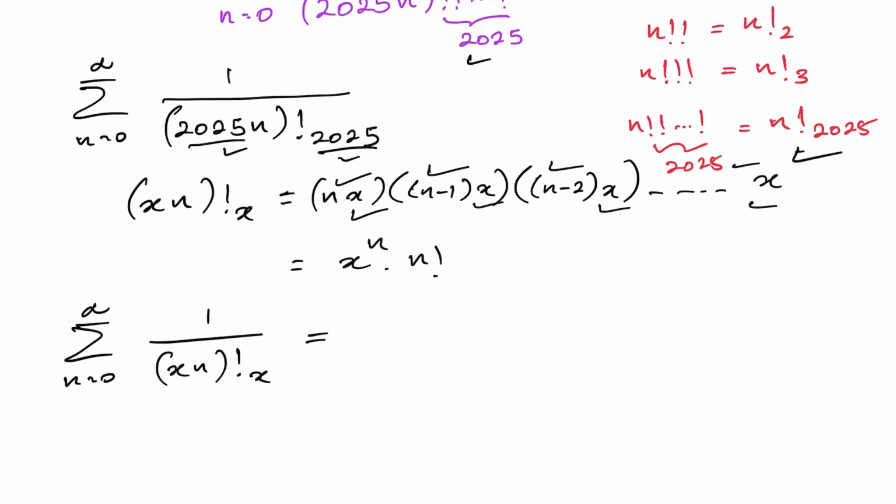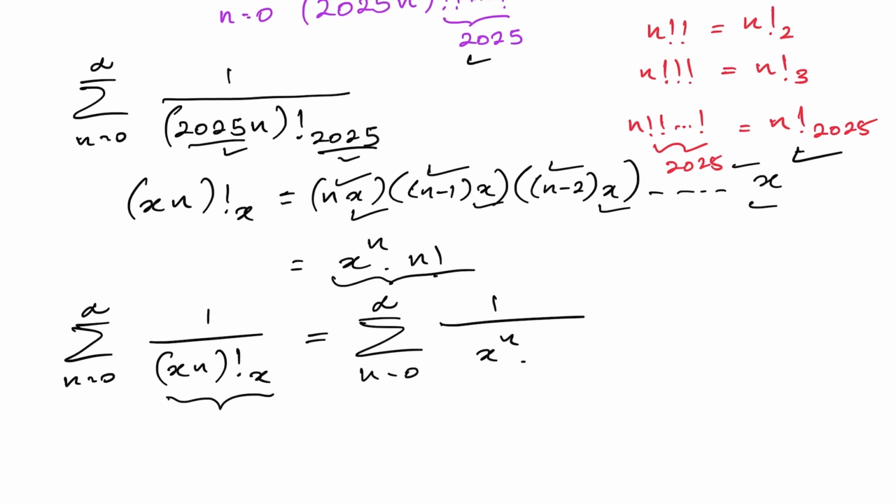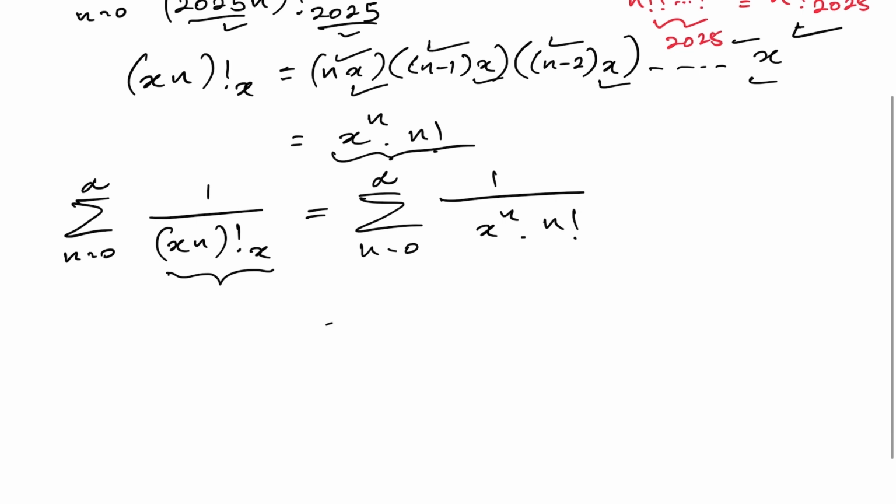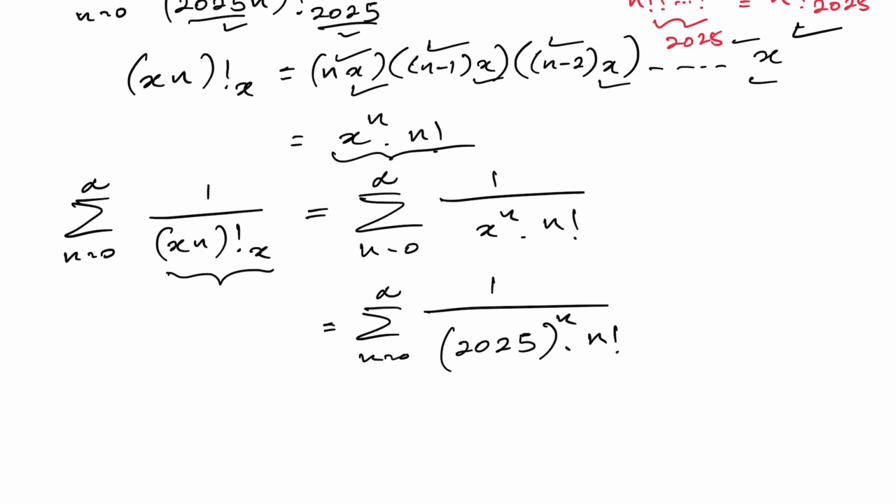So we can write this as the sum for n equal 0 to infinity of 1 over, now this part we know is equal to this part, so we have x to the n times n factorial. Well, then we know x is equal to 2025. So 2025 raised to the n times n factorial.